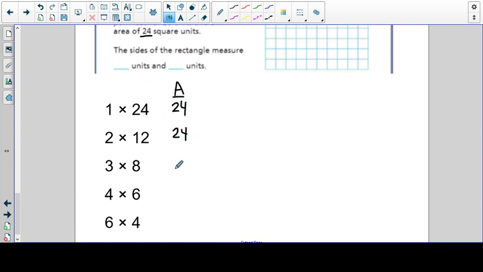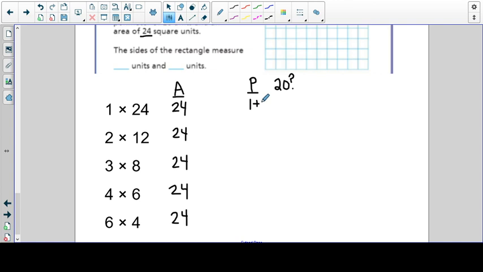The question is, can I find a set of numbers that when I add them and then double it, I come up with a perimeter of 20? So instead of finding two numbers multiplying together, I need to add them together.